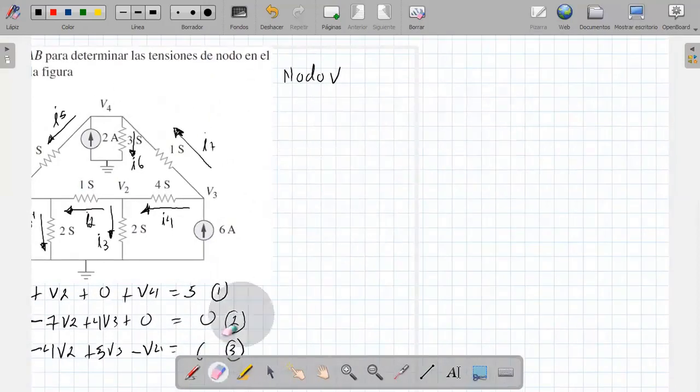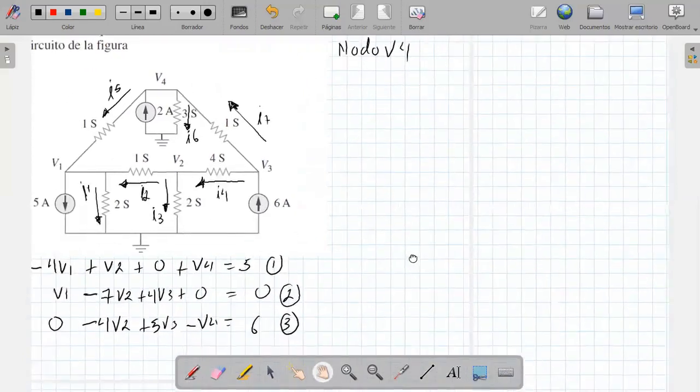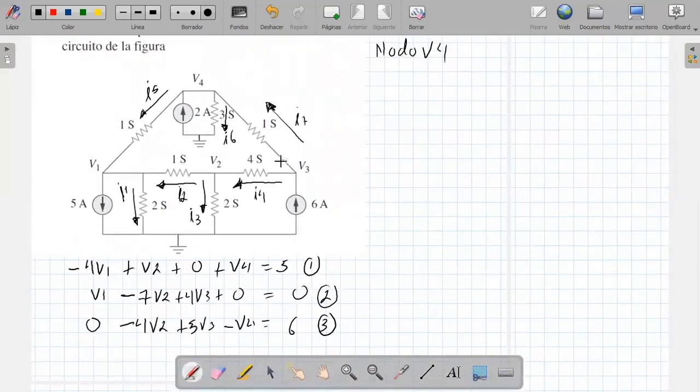Okay, now we go to node V4. The previous one was node V3. But come on, the currents that enter V4, the current 7, are going to be equal to 5 plus the current 6 plus 2.